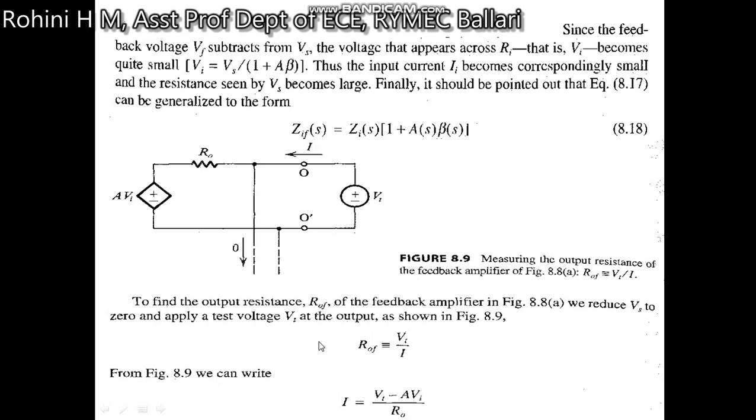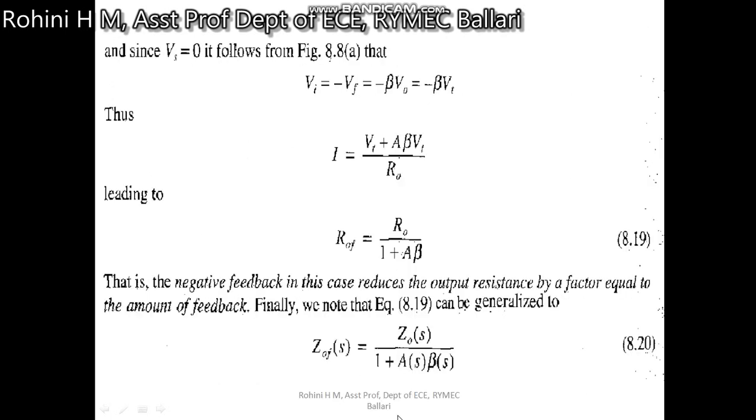So from this diagram, by applying the equations, we can write I is equal to the difference in voltage, Vt minus AVi, divided by the resistance Ro. So I is equal to Vt minus AVi divided by Ro.